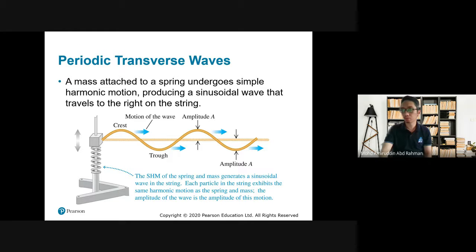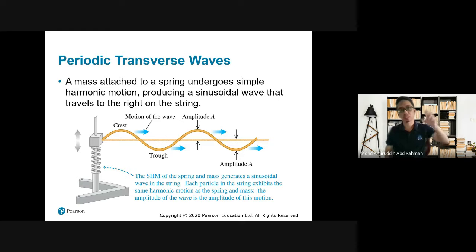We also have a periodic transverse wave, where a mass attached to a spring undergoes simple harmonic motion, producing a sinusoidal wave on the string. The mass is going up and down, so we have the string there.